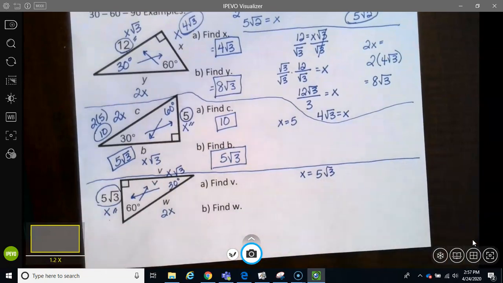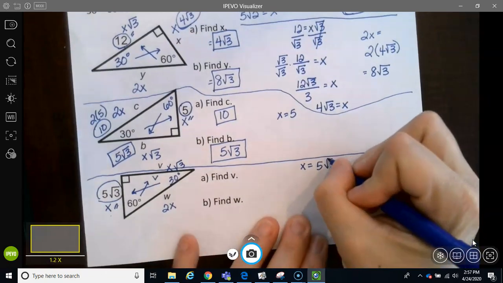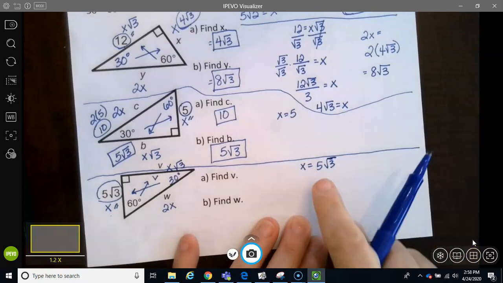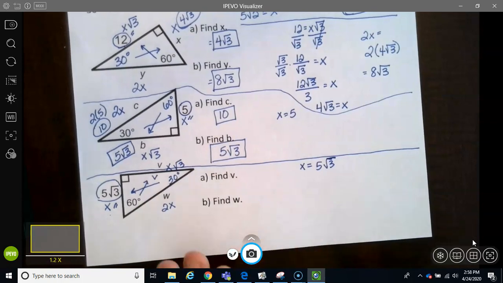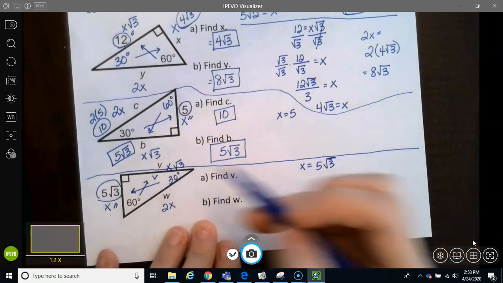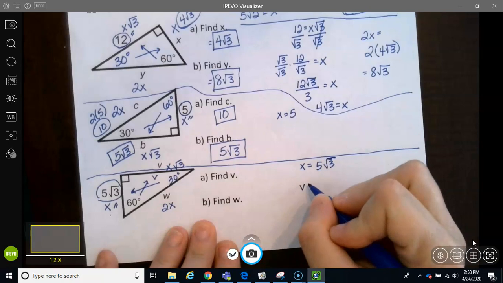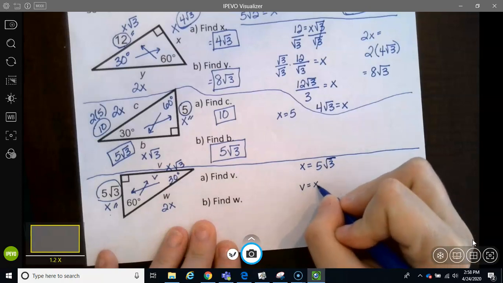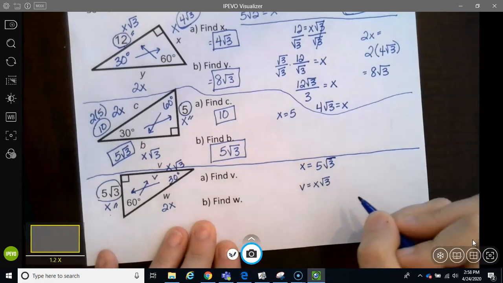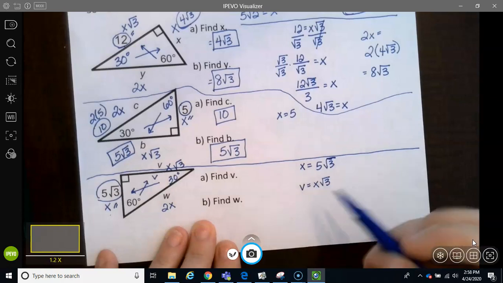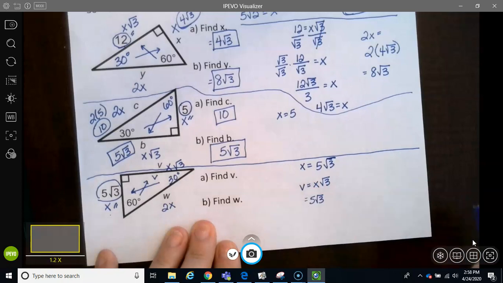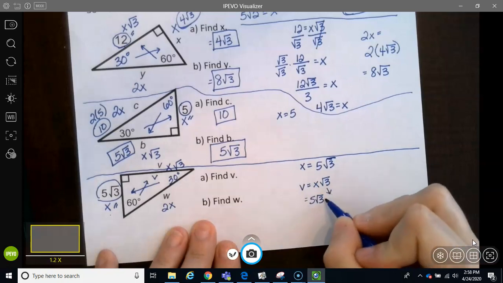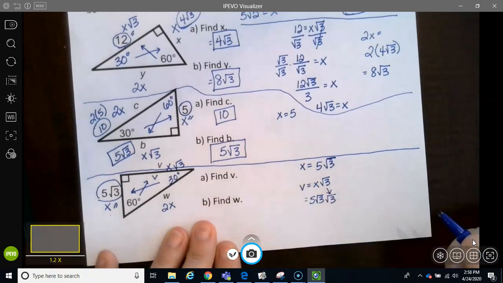Now, x is already by itself, so we don't have to worry about getting x by itself. We just got to substitute in 5 square root of 3 for these other x's here. So side B was represented by x square root of 3. So when I substitute in 5 square root of 3 for that x, I bring down that other square root of 3 that went along with it.